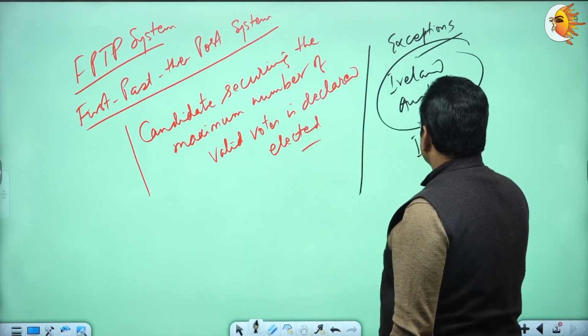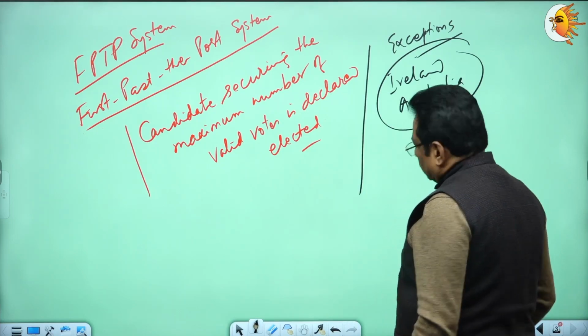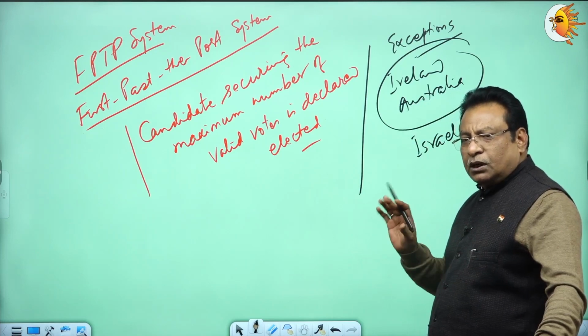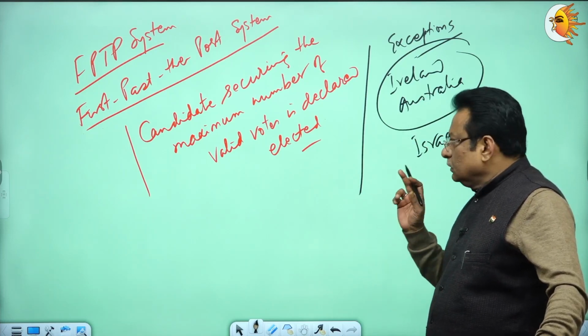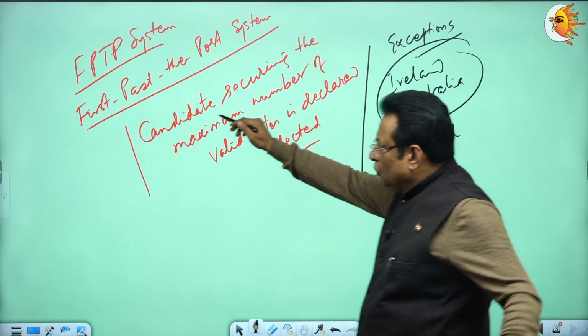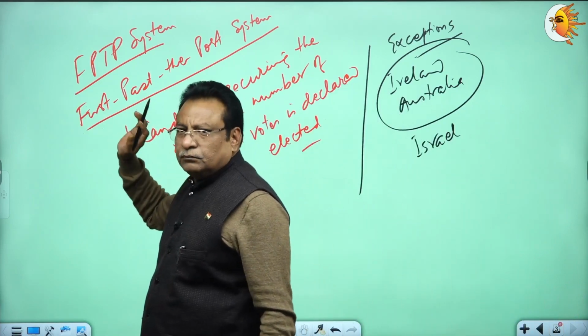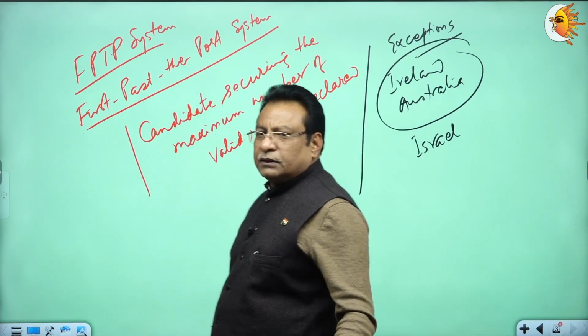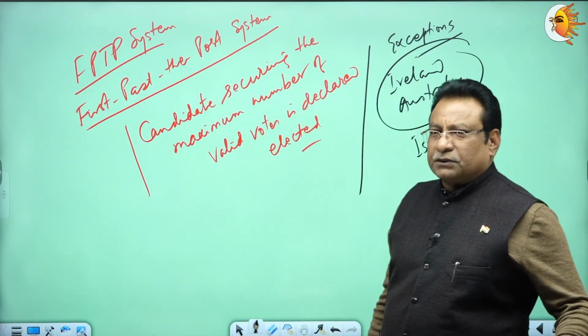They follow Westminster. Two features of the three features are similar, but the lower house is not elected directly. That is not through FPTP. The lower house is also elected through proportional representation.